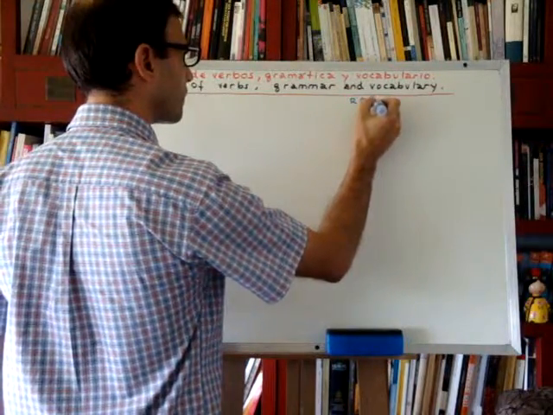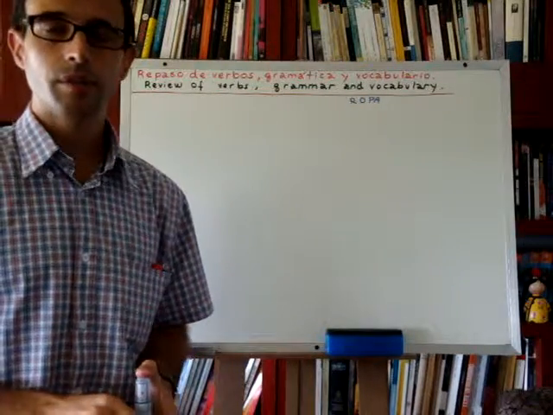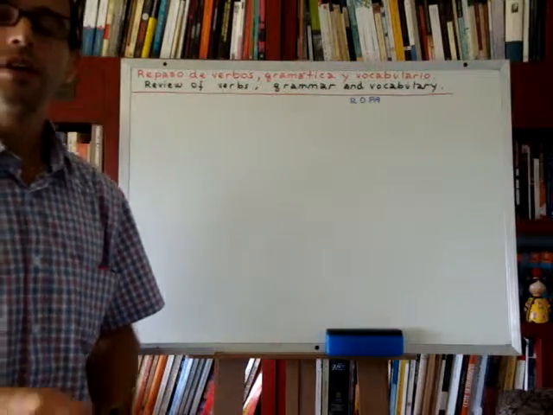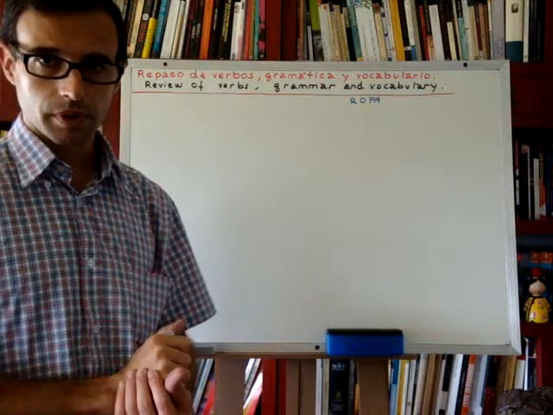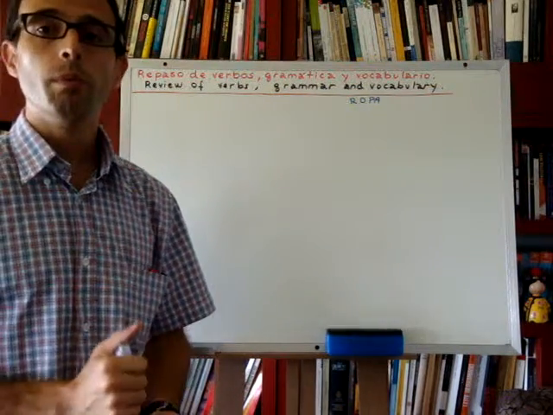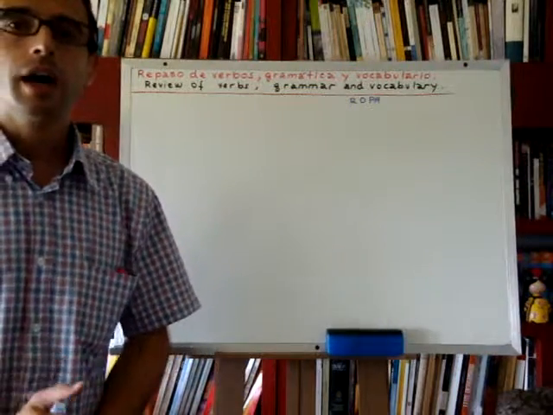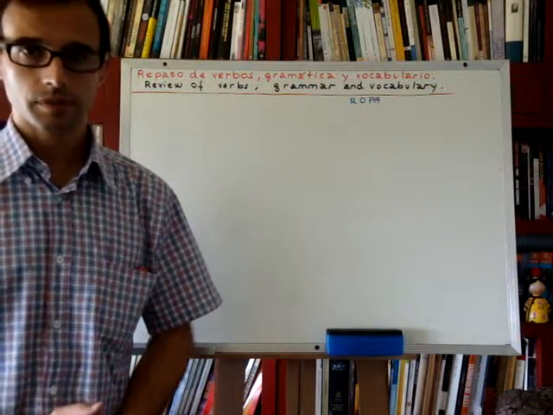It's a singular word that refers to clothes in general, okay? So now let's imagine that we want to go shopping. We want to buy some clothes. So how do we say, I want to buy clothes?